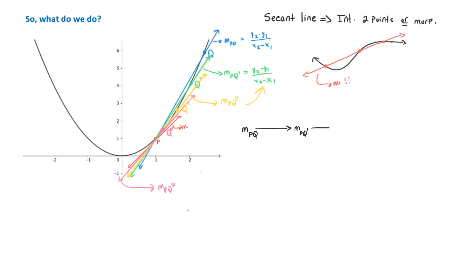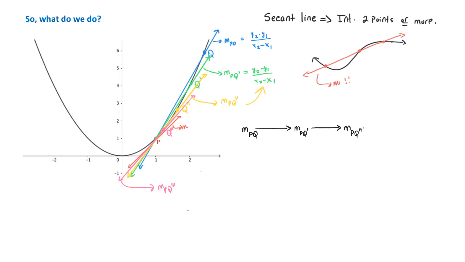So we picked another point on the graph and calculated the slope of PQ double prime. That slope is definitely getting a little bit closer to the slope of the red tangent line, but again, we want more precision.